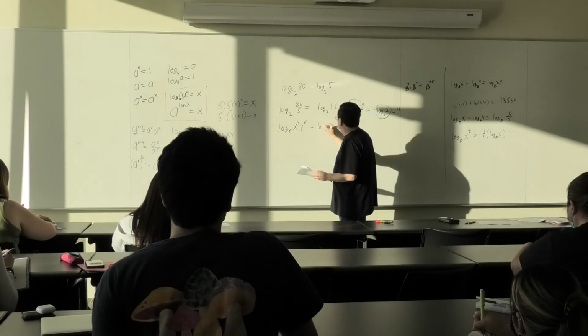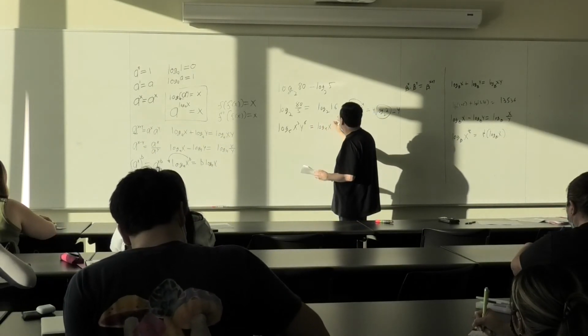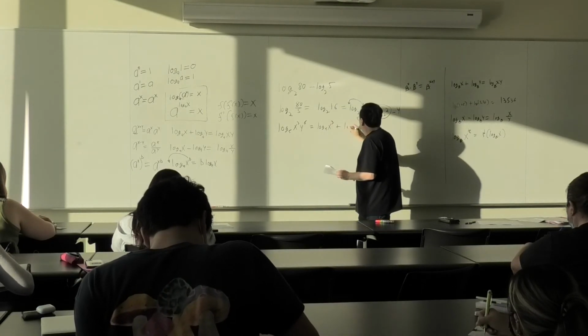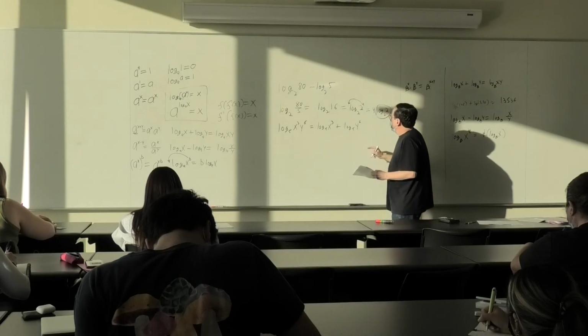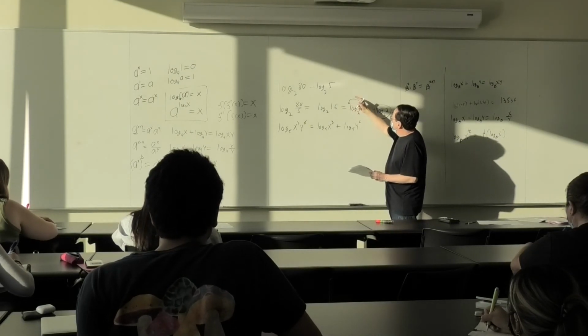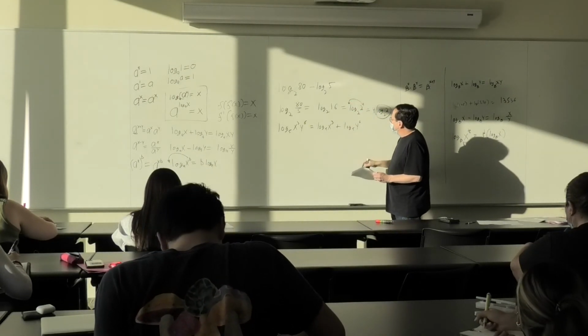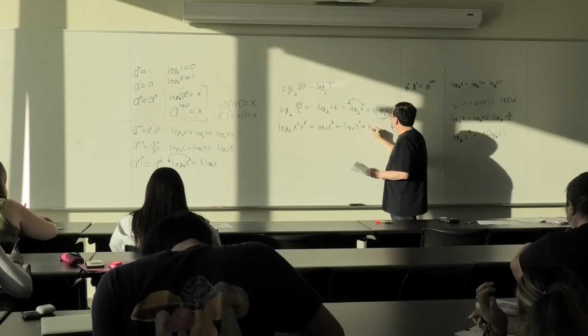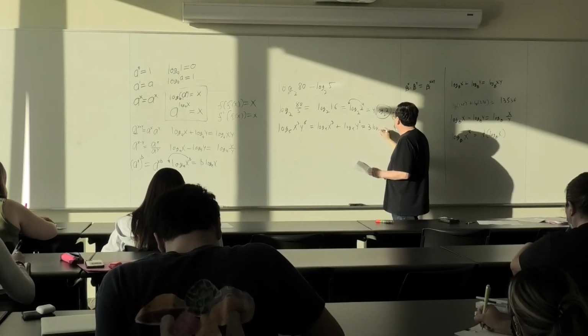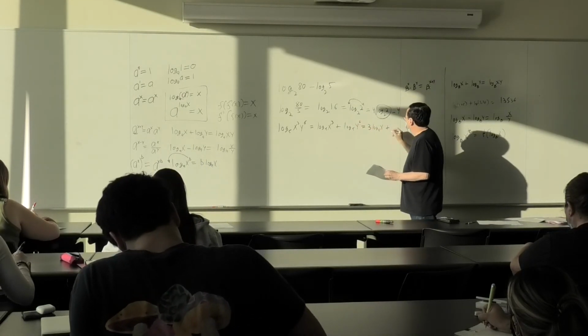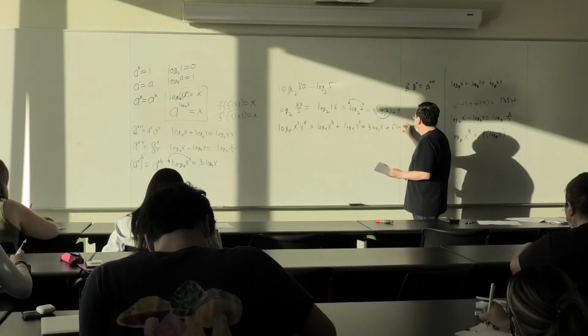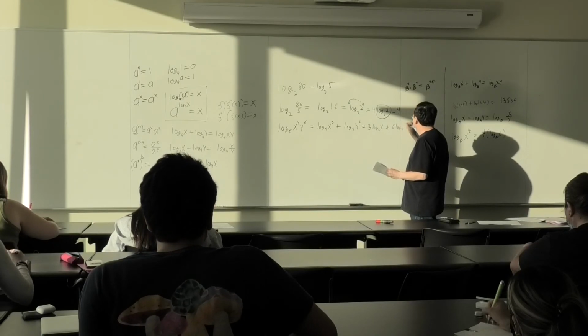So this is log to the base 5 of x cubed plus log to the base 5 of y to the 6th. And again, using this trick, I can move my exponents into the front. This is going to be 3 log to the base 5 of x plus 6 log to the base 5 of y.